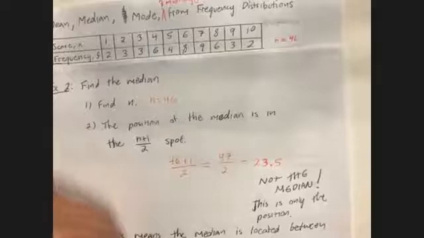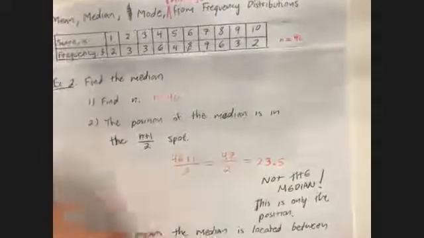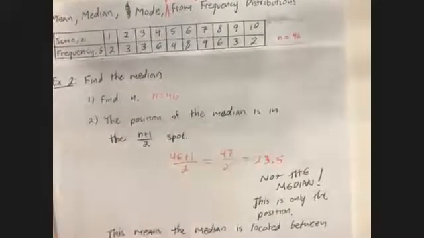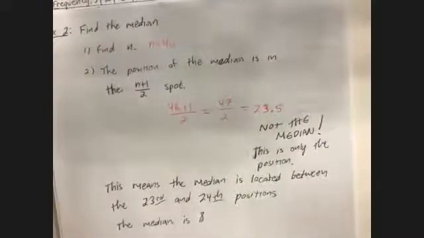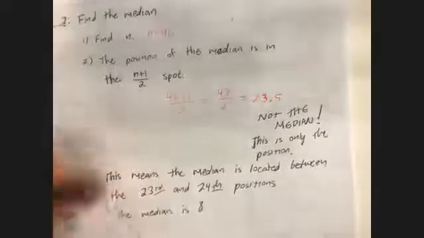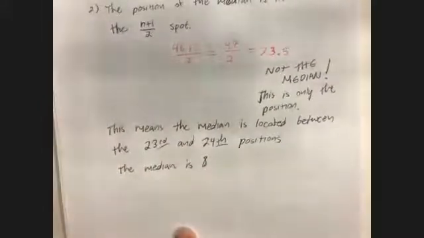Median is 8. I don't have to worry about doing the average, because I would end up doing 8 plus 8 over 2.